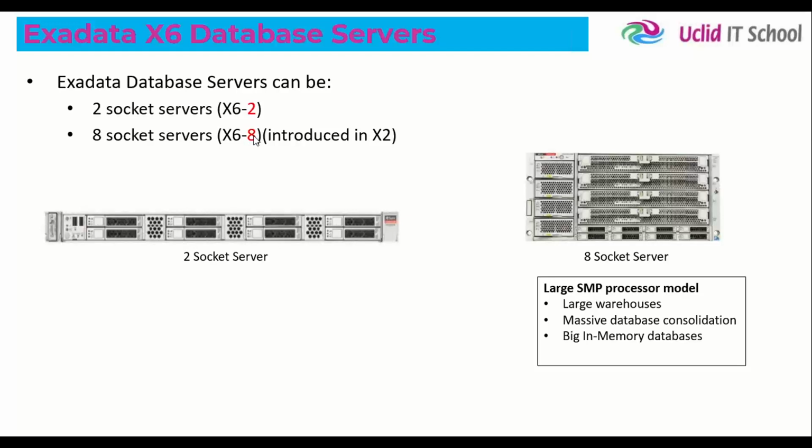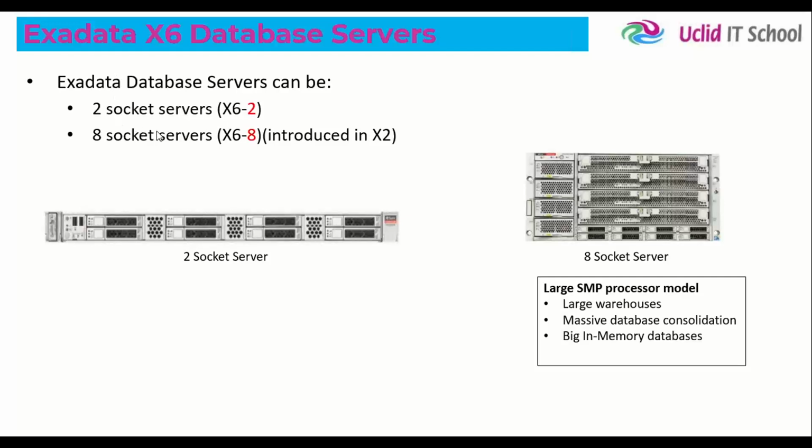So on each database server, you will have 8 sockets. So this is a 2 socket server, and this is an 8 socket server. In general, 8 sockets can host more CPUs on a single server, right? And this 8 socket server was introduced from the X2 version. Earlier we had only 2 socket servers. More sockets means more CPUs, right?